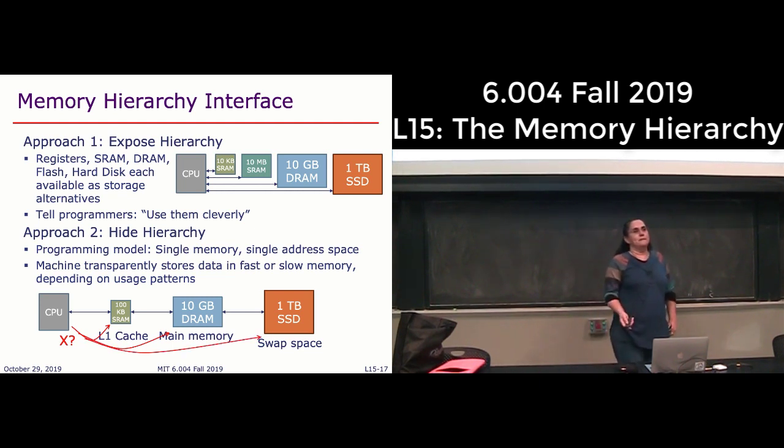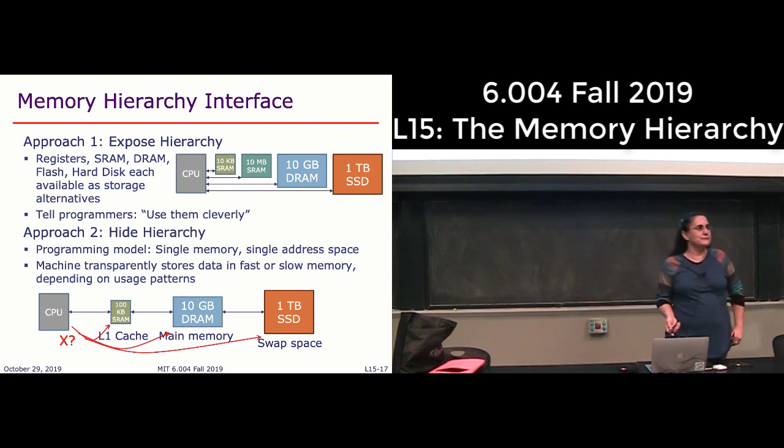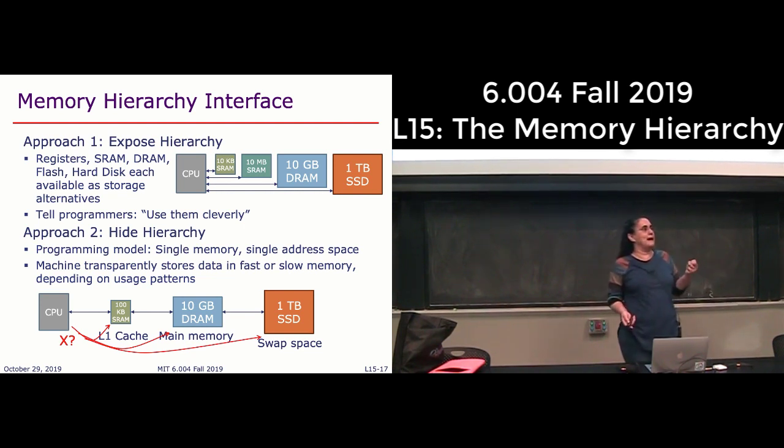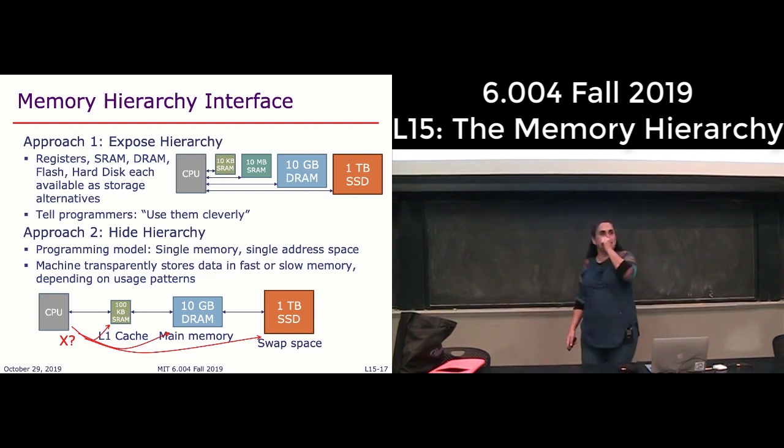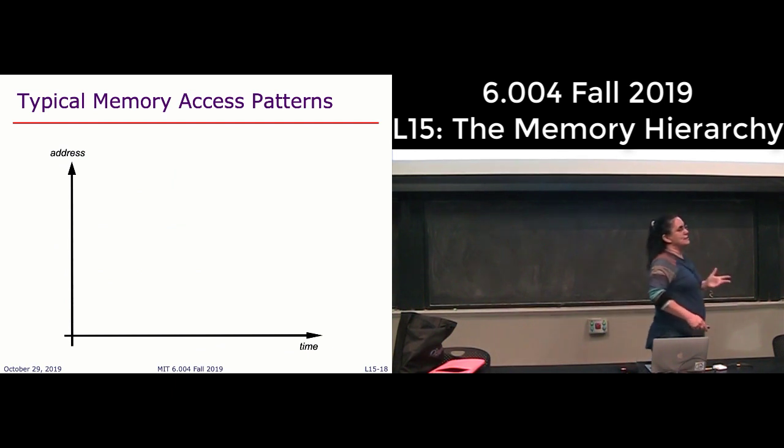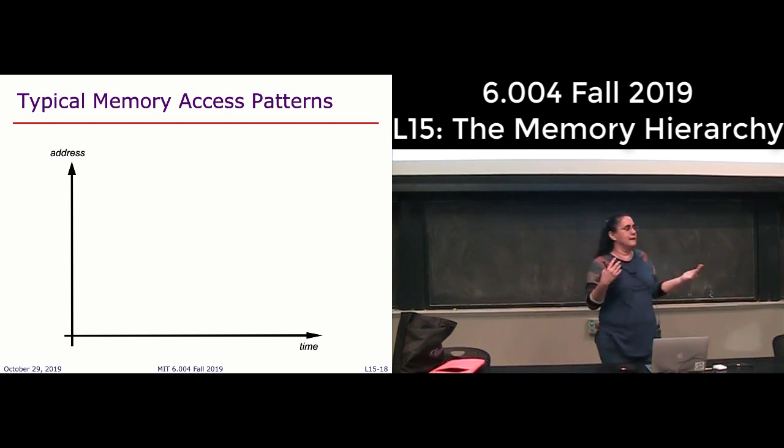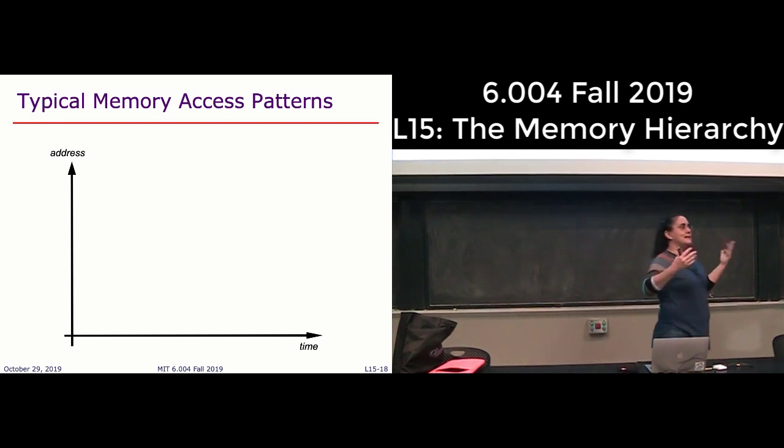So what does this mean? This means that it's possible to sometimes get my data back really quickly, but it's also possible that sometimes I'm going to get it back really slowly, okay? So essentially, my CPU has to be able to deal with the fact that I might have different latencies in accessing memory, okay?